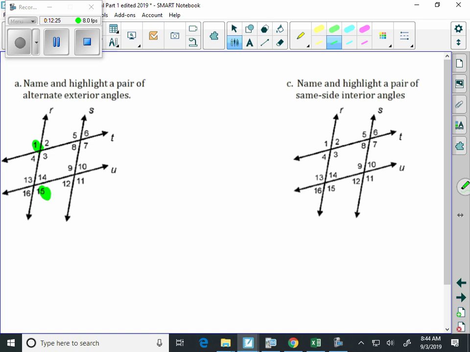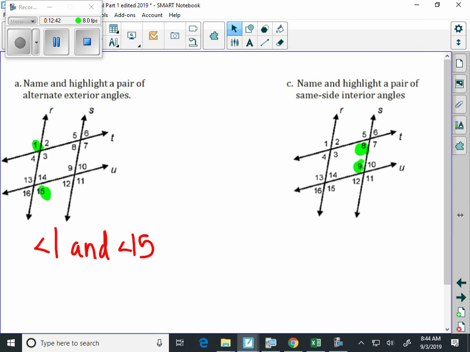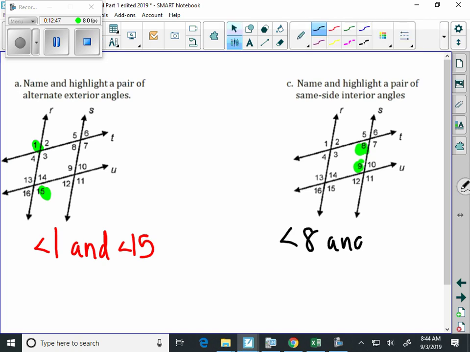We need to be on the inside. Same side interior angles, 8 and 9. Again, those aren't your only choices. Angle 1 and angle 15. Here, angle 8 and angle 9.